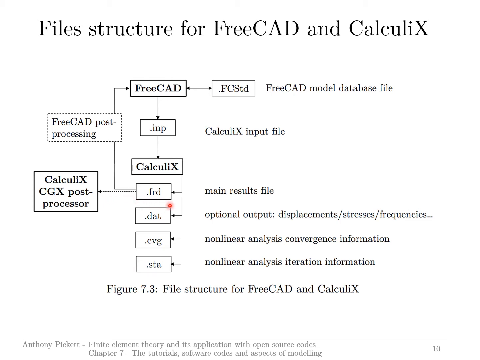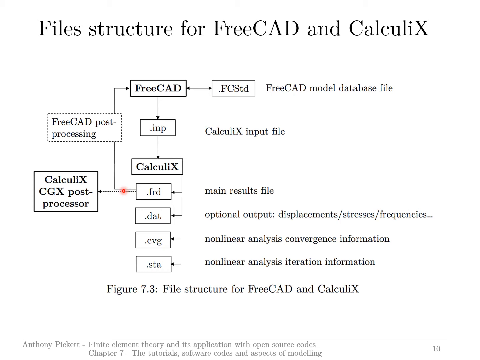This results file then is read into FreeCAD here. And we can then, in FreeCAD, look at the various deformations, stresses and strains, contour plots and so on. It's also possible to open this file with the Calculix post-processor CGX.